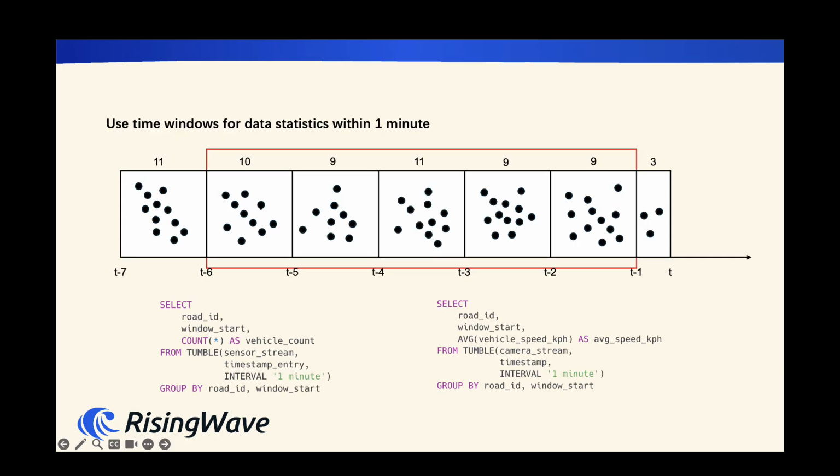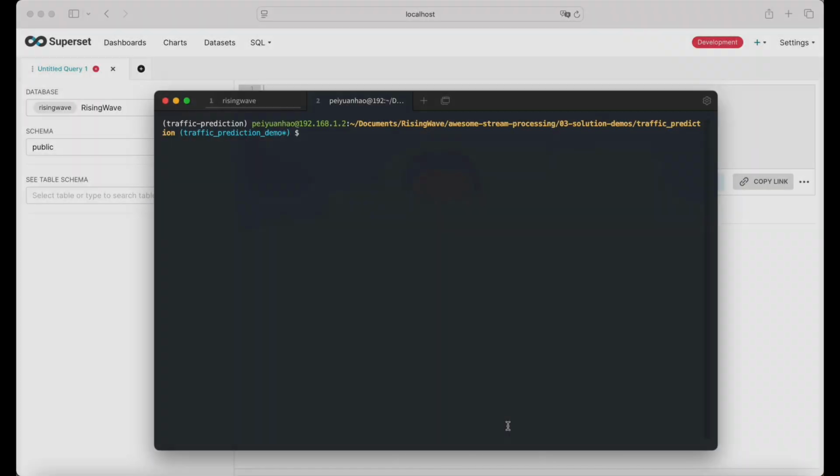We'll use RisingWave's built-in time window functions to group our streaming data into 1-minute blocks and calculate these 2 features for each road. This gives our prediction model a clean, up-to-the-minute view of the traffic conditions.